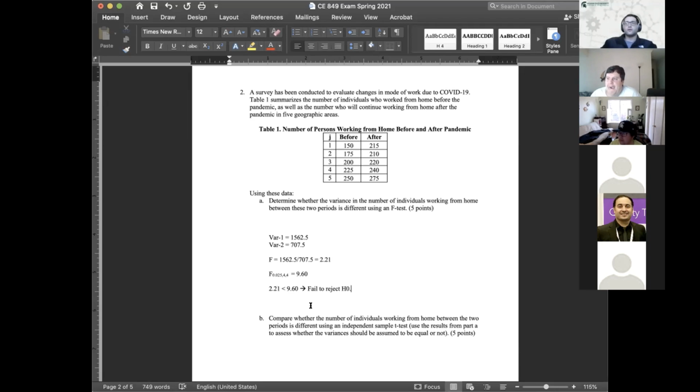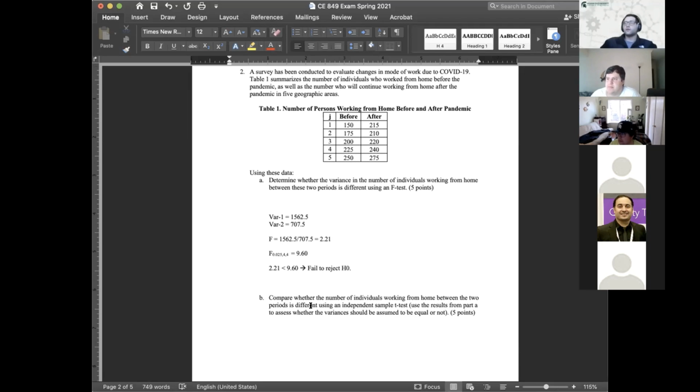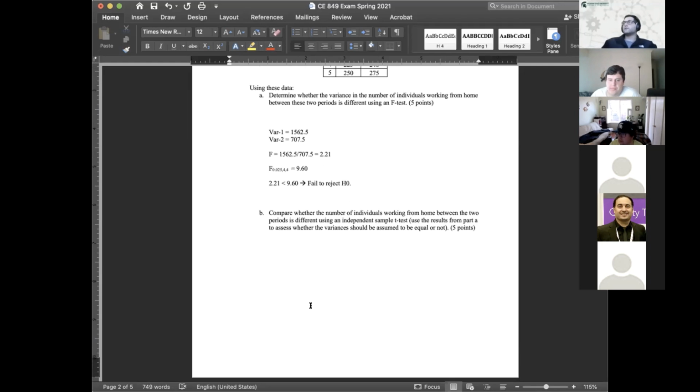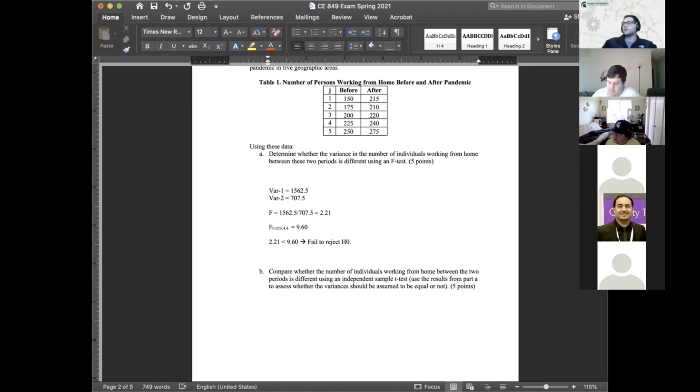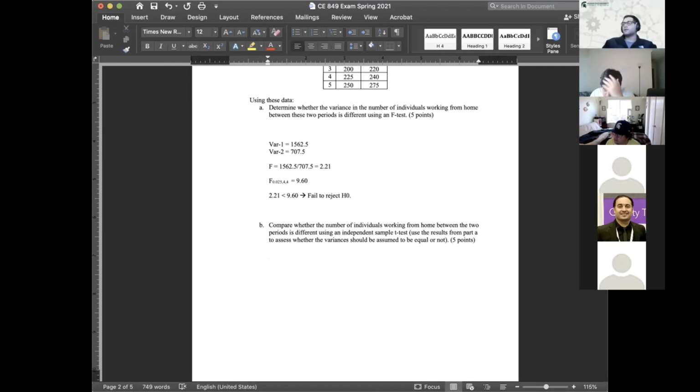And so consequently, we don't have sufficient evidence to claim that the variances are significantly different between those two periods, okay? And so that basically feeds into our next question, where we're trying to determine, using a t-test, whether there was a significant difference in the number of individuals working from home during those before and after periods.